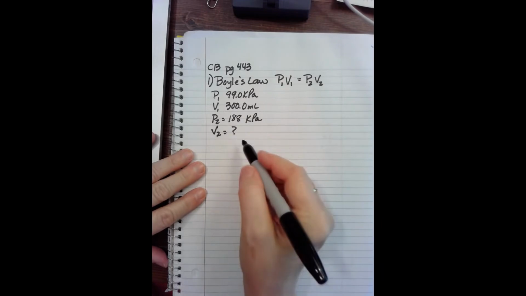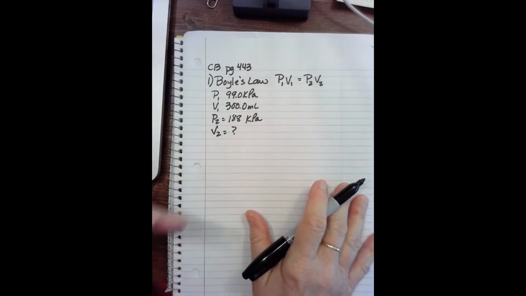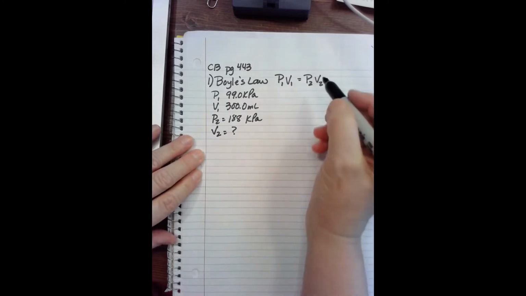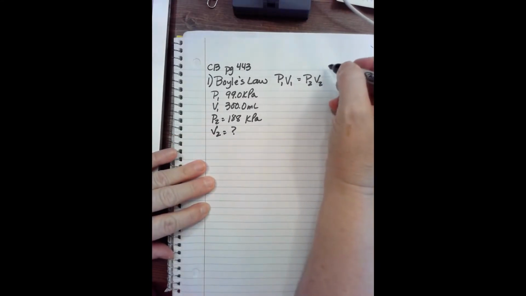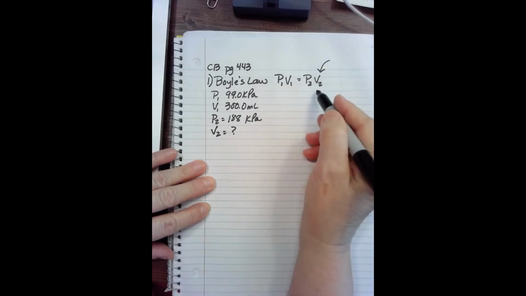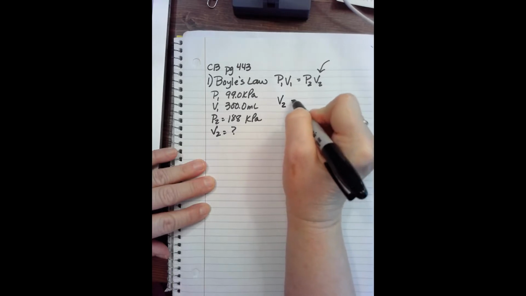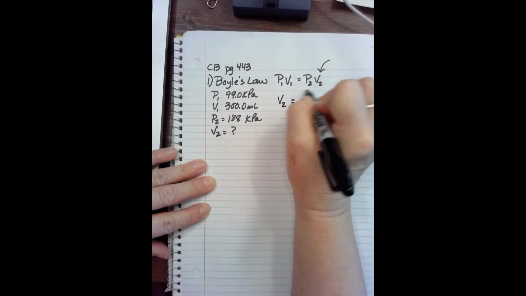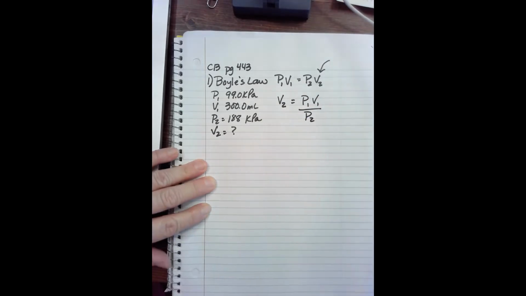All right, so here we have our chart, and I'm going to show you 2 ways to solve this problem. The way that your book works out this example is to say, we are trying to determine what V2 is. So rewrite the equation. V2 equals, we have to get rid of this on this side, so it becomes P1 V1 divided by P2.